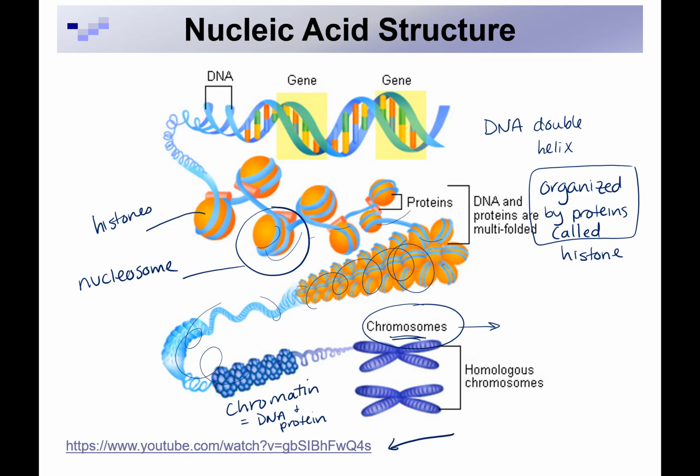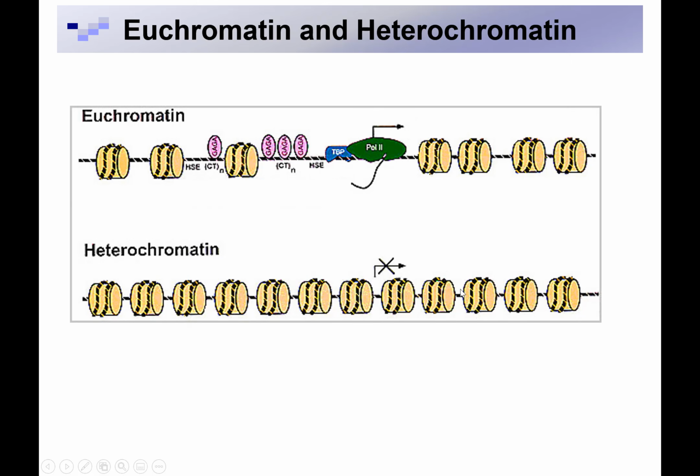The reason I bring this up is because there are two final terms on your objectives, and that is euchromatin and heterochromatin. Heterochromatin is tightly wound DNA.